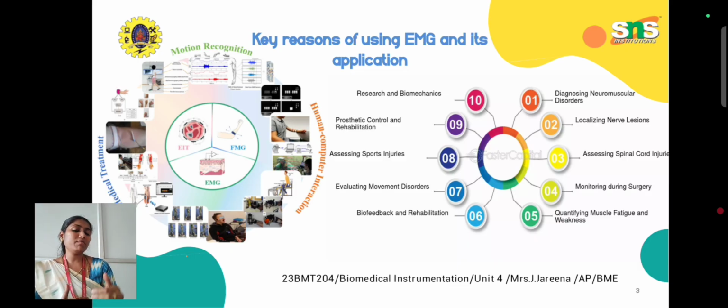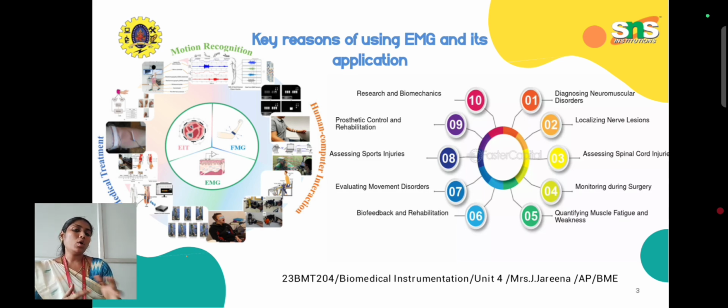We can also assess specific segments of spinal cord injuries, and do follow-up monitoring of people after they have undergone some kind of surgery, to see whether they have progress, whether they have muscle activity, or any other recovery management.